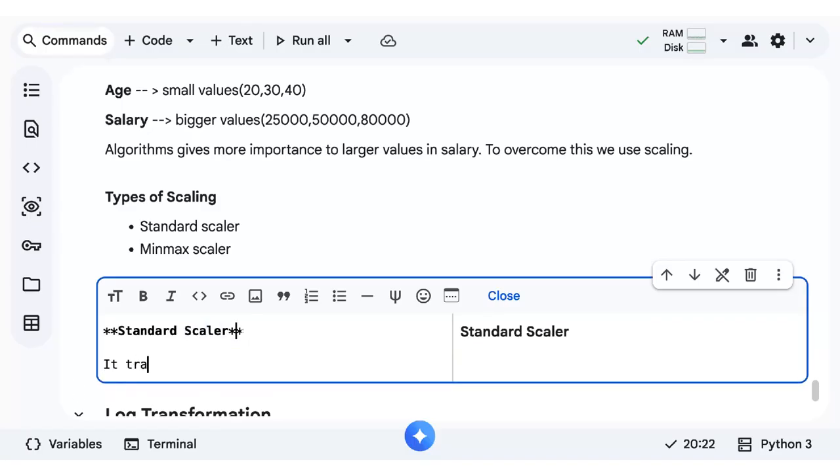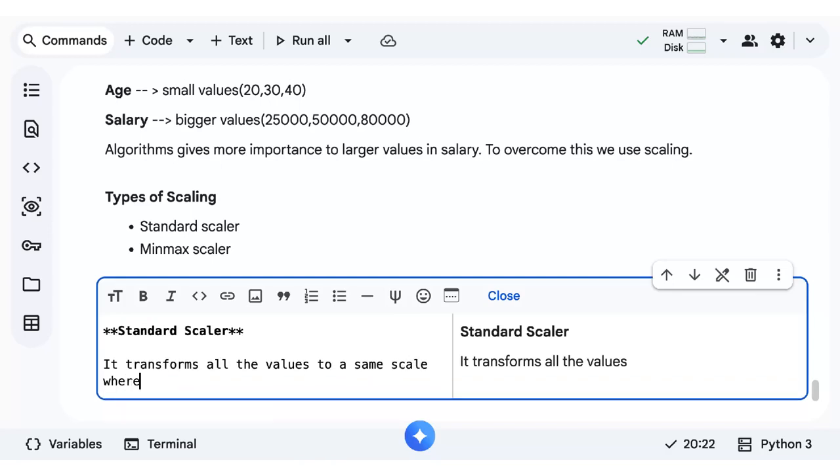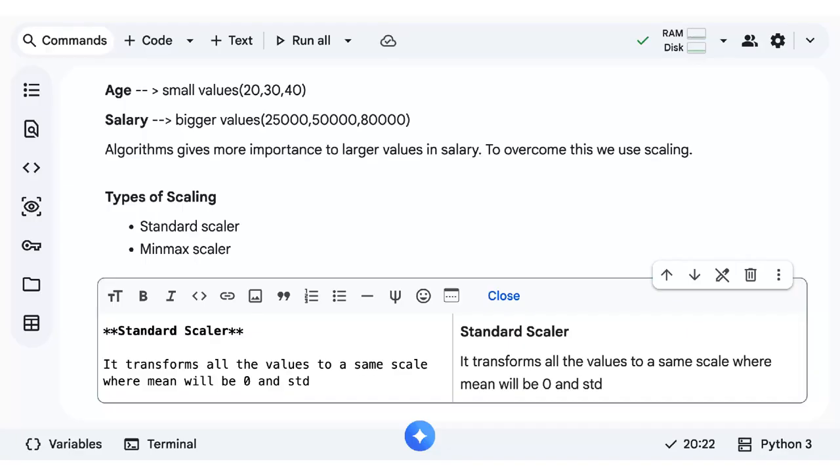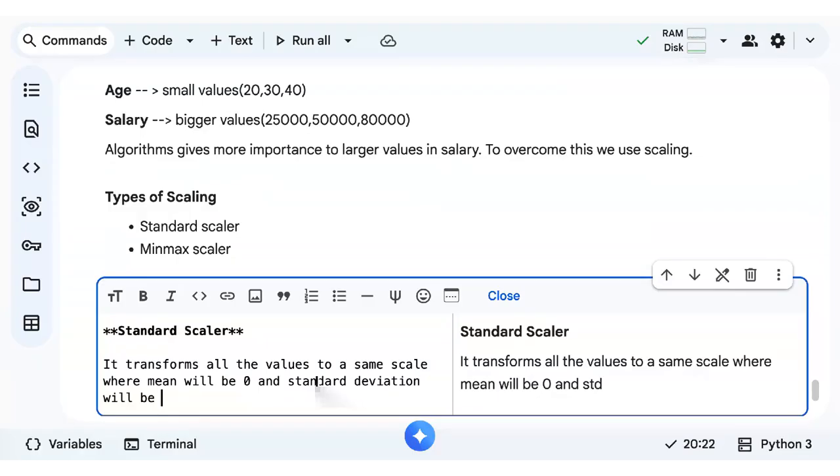When you apply that on any column, it transforms all the values to a same scale where the mean will be 0 and standard deviation will be 1. It is going to transform all the values to a same scale such that the mean of that column will be 0 and standard deviation will be 1.